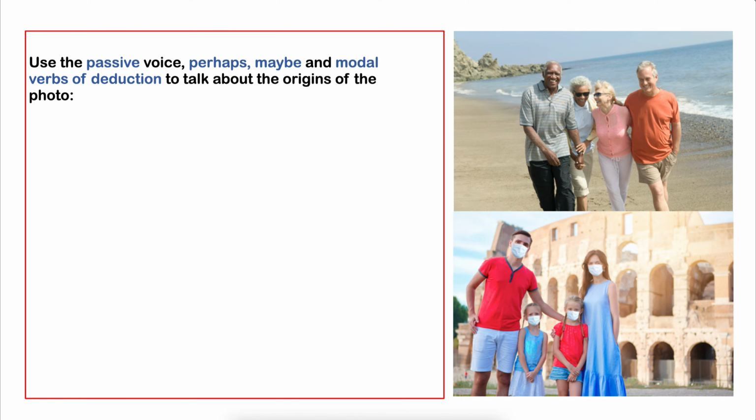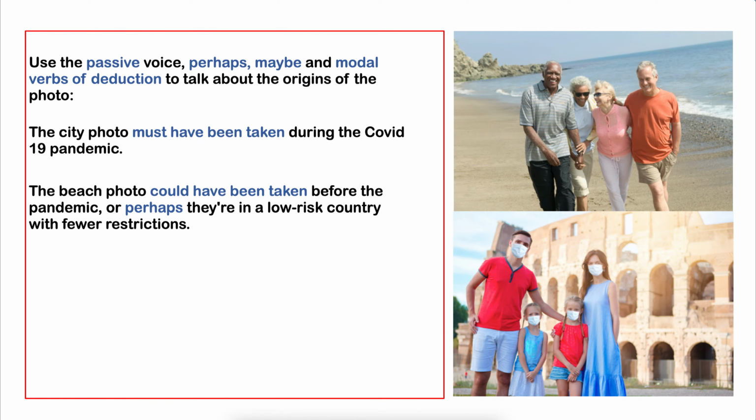Use the passive voice, perhaps, maybe, and modal verbs of deduction to talk about the origins of the photo. The city photo must have been taken during the COVID-19 pandemic. The beach photo could have been taken before the pandemic, or perhaps they're in a low-risk country with fewer restrictions.